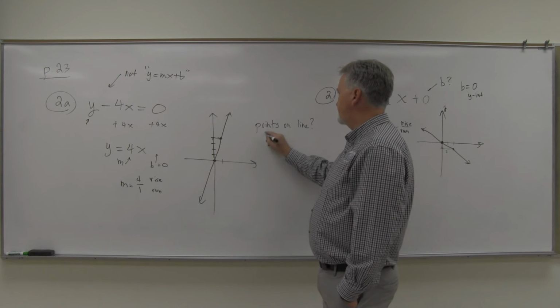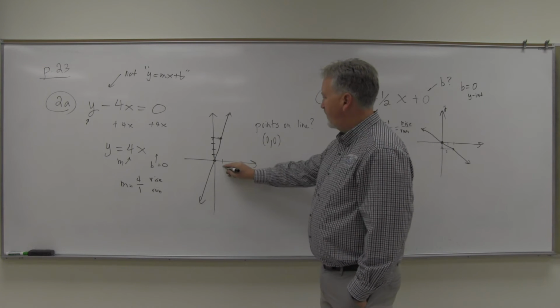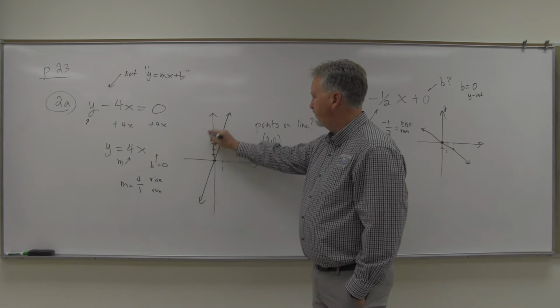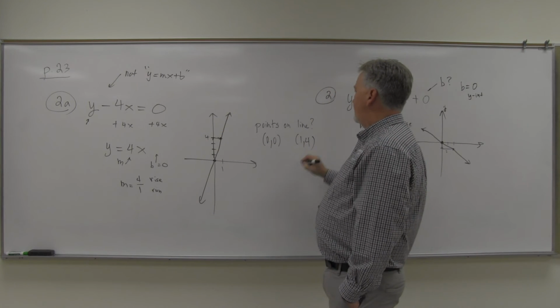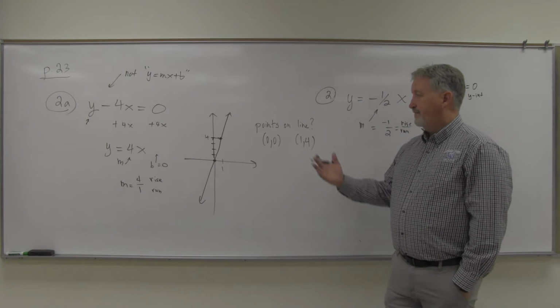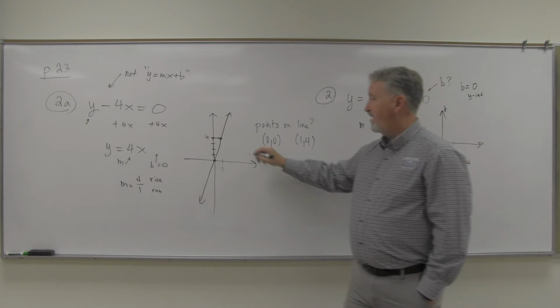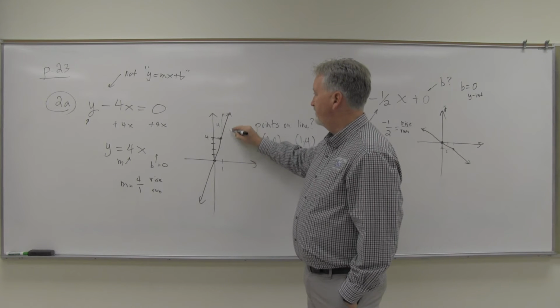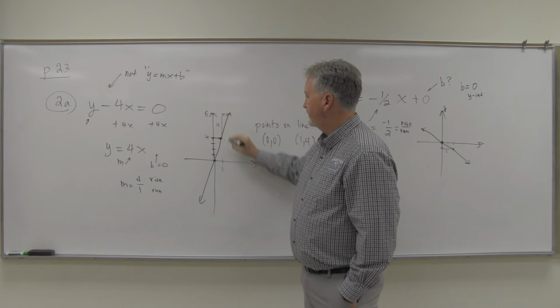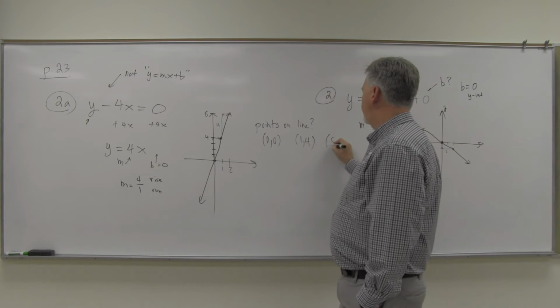Well, we got the 0, 0. This point would be 1, what was it, 1, 4? Yeah, 1, 4. And I could keep getting them from this here by using rise over run. So if I go up 4 more and 1 more run, that puts me at 2, 8.